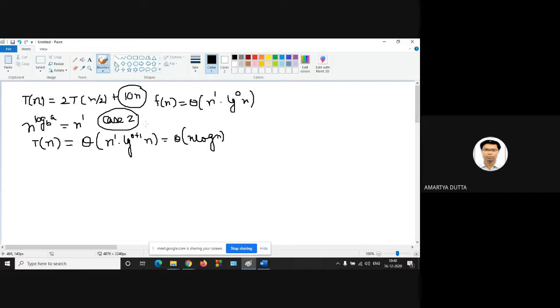What is the recurrence relation for binary search? Anyone, please? Recurrence relation for binary search.